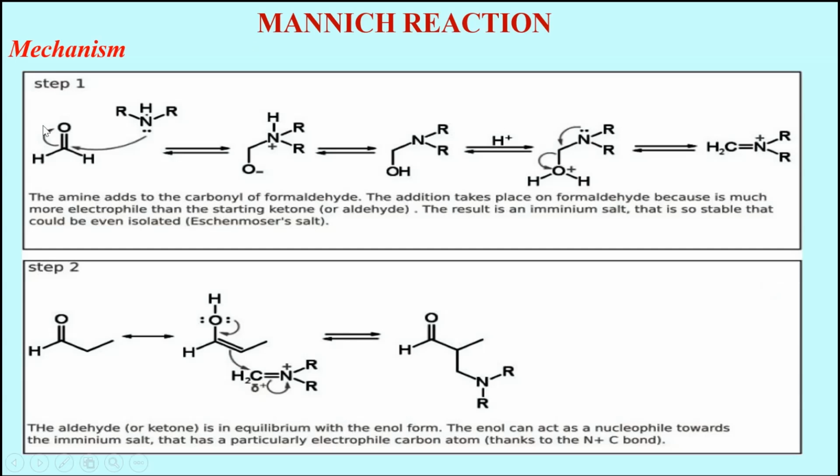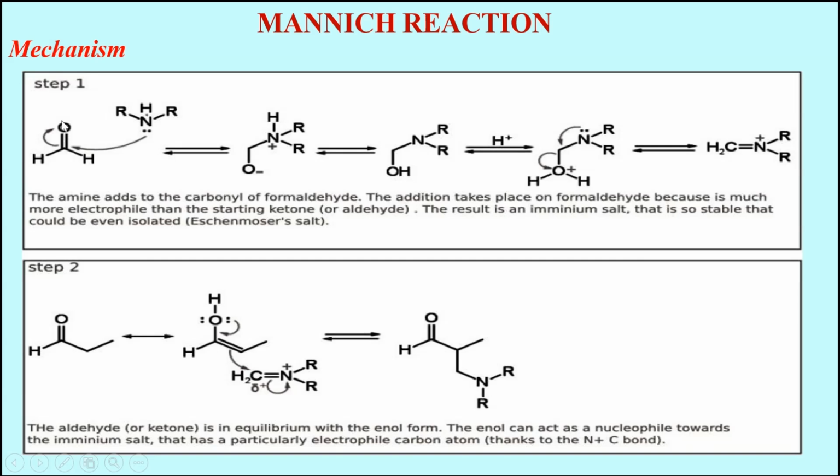Here, a non-enolizable carbonyl compound reacts with a primary or secondary amine. The carbonyl carbon is electron deficient owing to the electronegativity of the oxygen. Due to the electronegativity of the oxygen, the electrons are not shared equally with the carbon which is attached to it, and that's why the carbon in the carbonyl group will be slightly electron deficient.